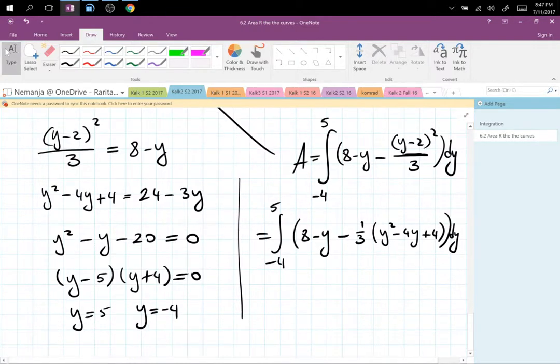And then we can distribute and combine like terms. So a little bit of calculations with fractions. You can calculate them separately. I mean, you can integrate each term if you want to.